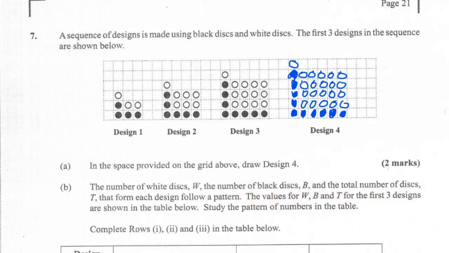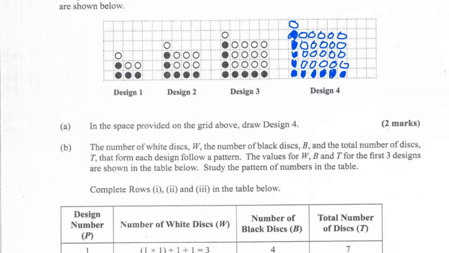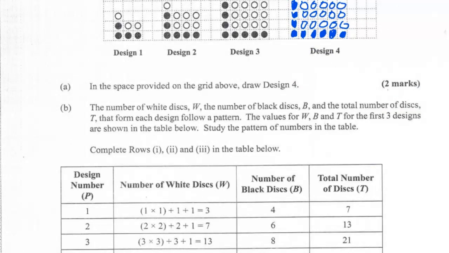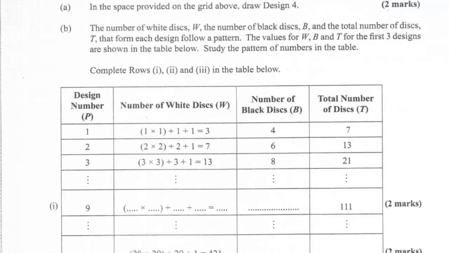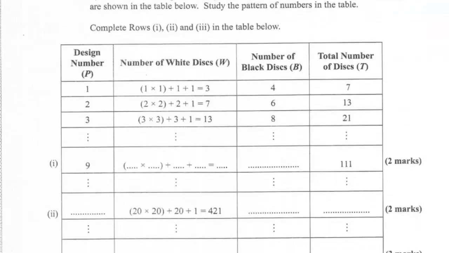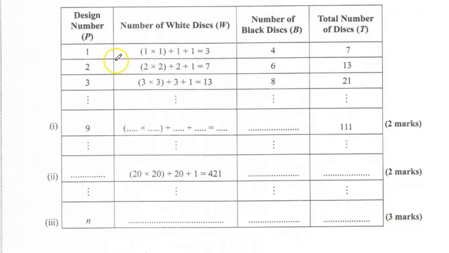Now part B: the number of white disks W, the number of black disks B, and the total number of disks T. So we have a pattern there. Let's look at the table and see if we can pick up the pattern. Design number 1, 2, 3.